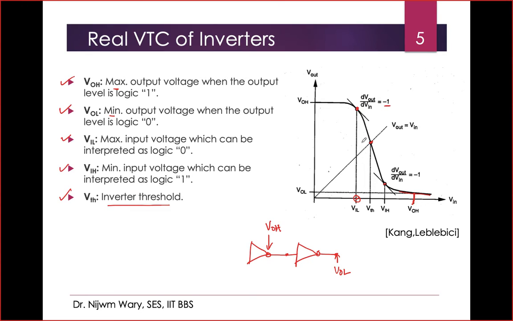So if I have some noise, it gets much more amplified in this region. However, if the noise is coupled at this region, the noise is not amplified much. That's why this can be set as a boundary: below this point the noise gets less amplified, whereas in this region the noise gets further amplified.